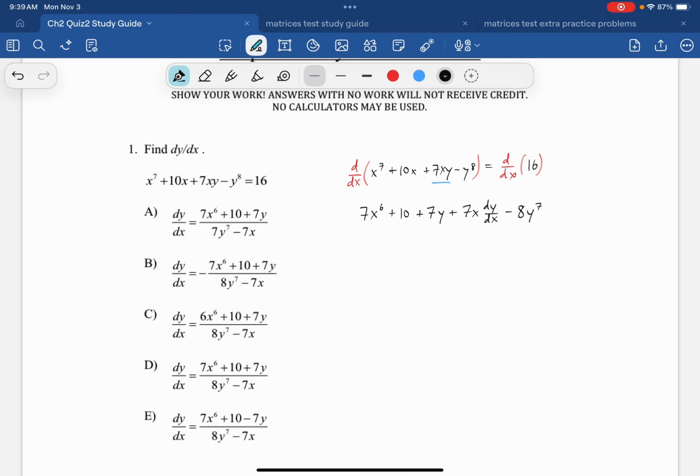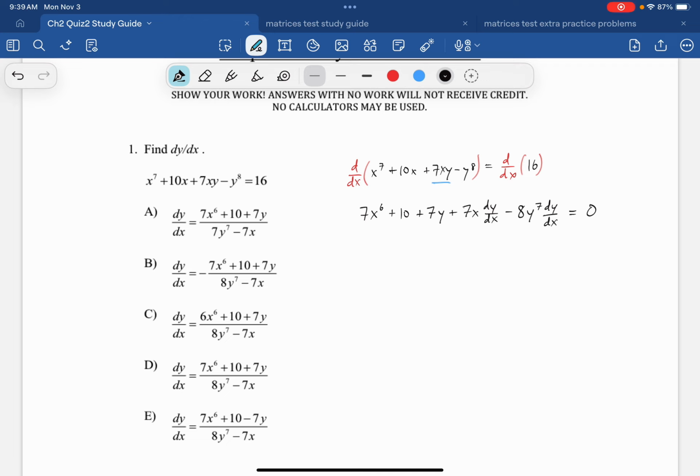I have to remember that I'm not taking a derivative with respect to y, I'm actually taking a derivative with respect to x. And so that means I additionally have to multiply by dy dx. So the derivative of y to the power of 8 is going to be 8 times y to the 7th times dy dx. And finally, the right side is a constant, so its derivative is equal to 0.